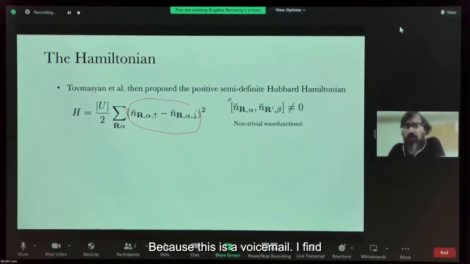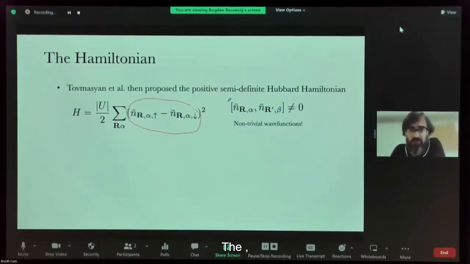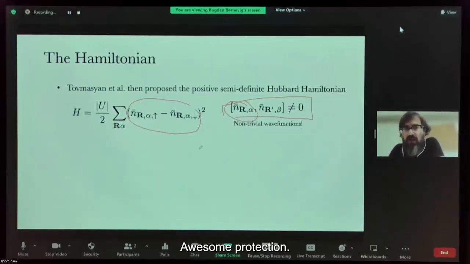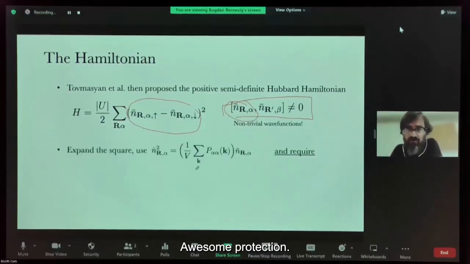Not unique, but it certainly would be the ground state. And because of this commutation relation, which is not zero because of the projection, these number operators are not like they were before the projection. They're in a restricted space because of the projection, and we're not going to get zero by taking the commutation. This Hamiltonian becomes non-trivial.